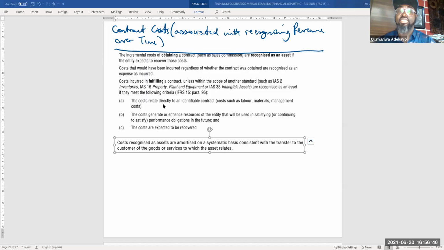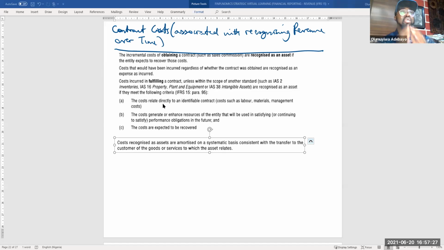Now, let's look at the way in which we can recognize revenue over time, having identified that certain performance obligations are satisfied over time. Obligations that are satisfied at a point in time usually relate to where you deliver goods or you render a service, and that service is immediately consumed without any expectation of fulfilling future performance regarding that service.